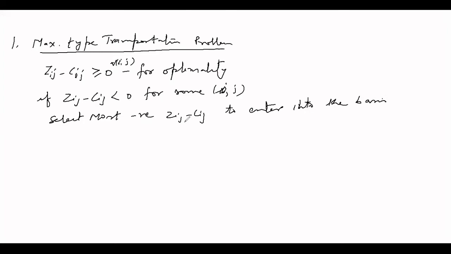That means for the leaving criteria, you have to choose that cell where you get the minimum of the negatively marked cells.